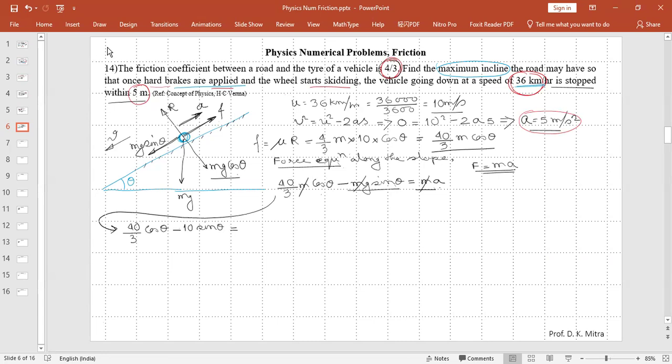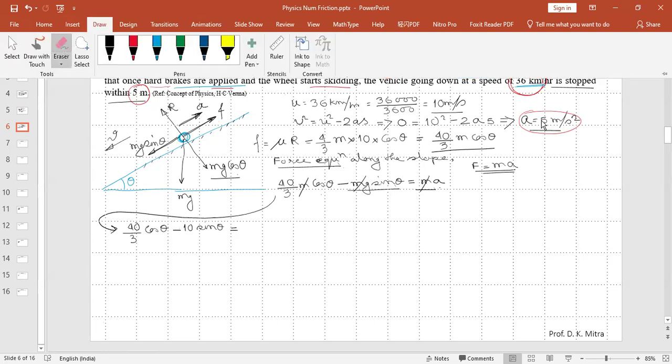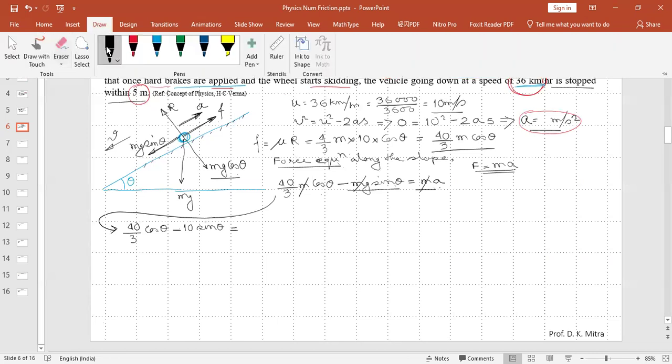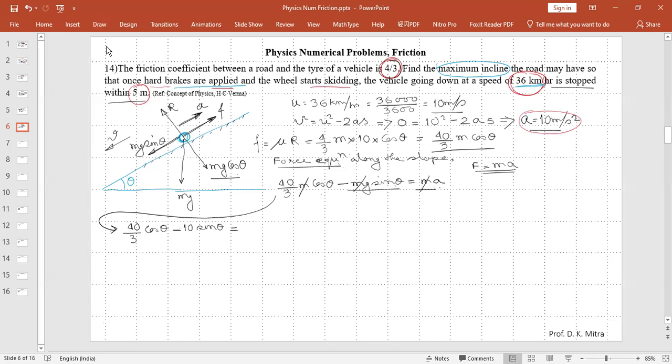So here there was a mistake. I am sorry. The value of A was not 5, since I didn't show the complete calculation. Value of A is 10 meter per second square, right? A is 10.